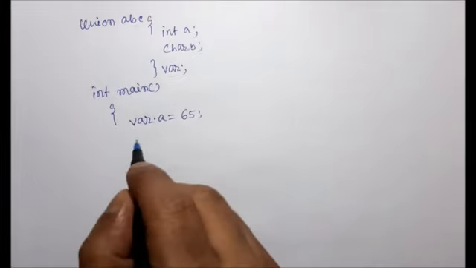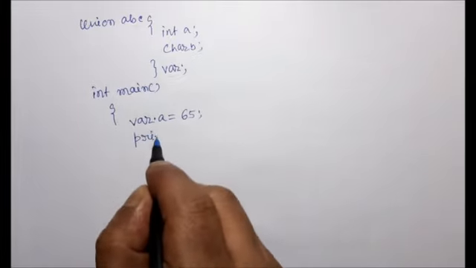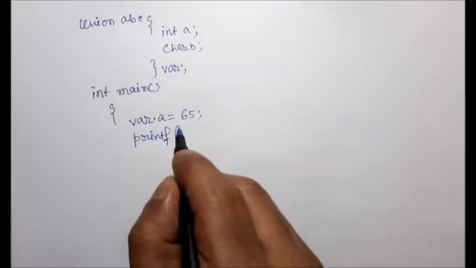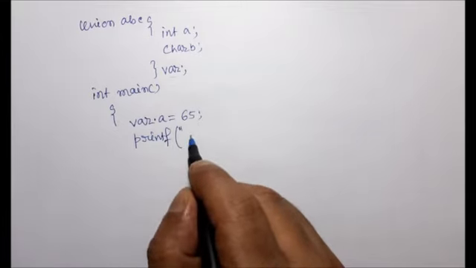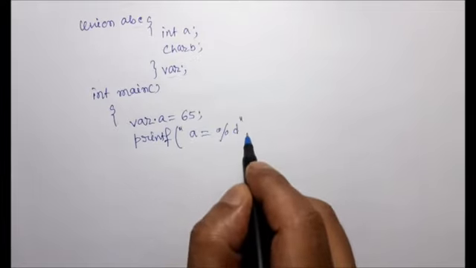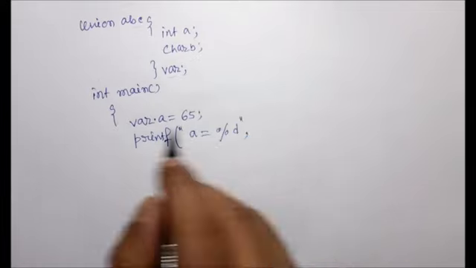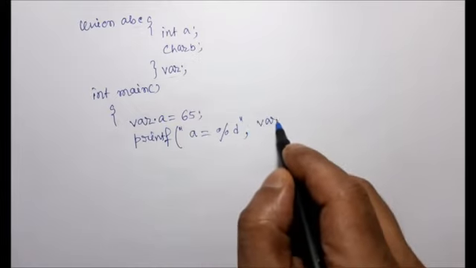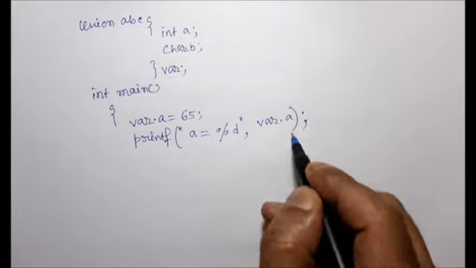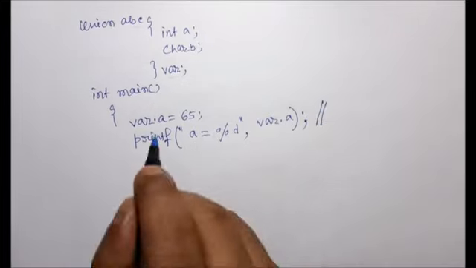Now if I print the value of a, what will I get? a equal to percent d, integer value, and to access this member I use var with the dot operator, var dot a. So the output will be 65.